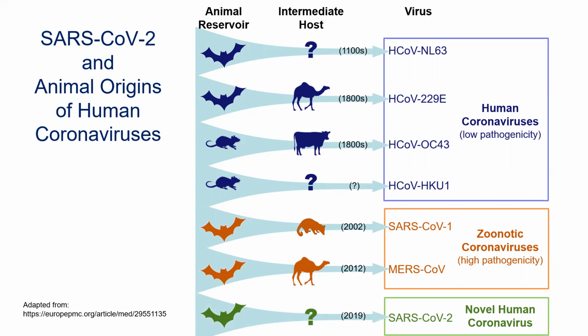This was highly pathogenic and burnt itself out really quickly. We're still seeing cases of MERS here and there. This is Middle East, and it seems to be transmitted through camels. And then, of course, we got this new thing, and we don't really know what the host was. Doesn't really matter. It's with us now, probably for good, right?